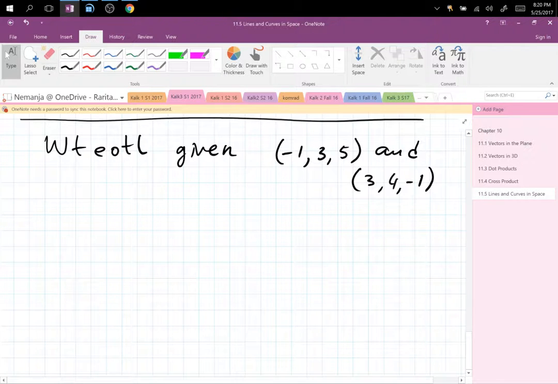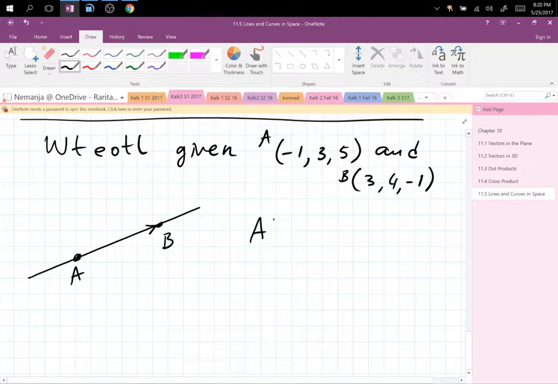Well, now you are going to use 2 points that you have on the line. So if this is the line that you're looking for, and then you have these 2 points, call them A and B. Do you see how A and B create a vector AB? And wouldn't that be your good old V pal, right?